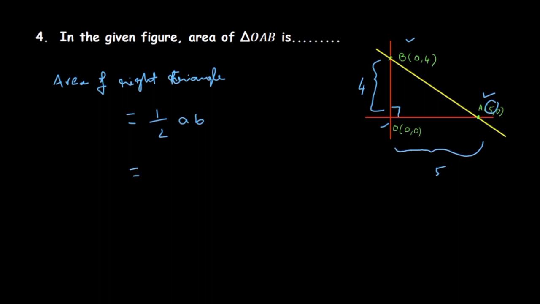We can take any one of the sides as A, so I am going to take 5, and B as 4. Now we can cancel here. So we have 2 into 5 is equal to 10 square units. Okay. So it's an area, so we take the units as square units.